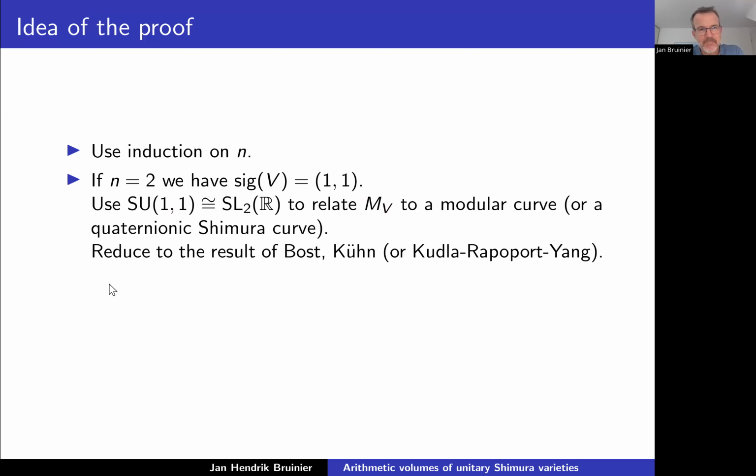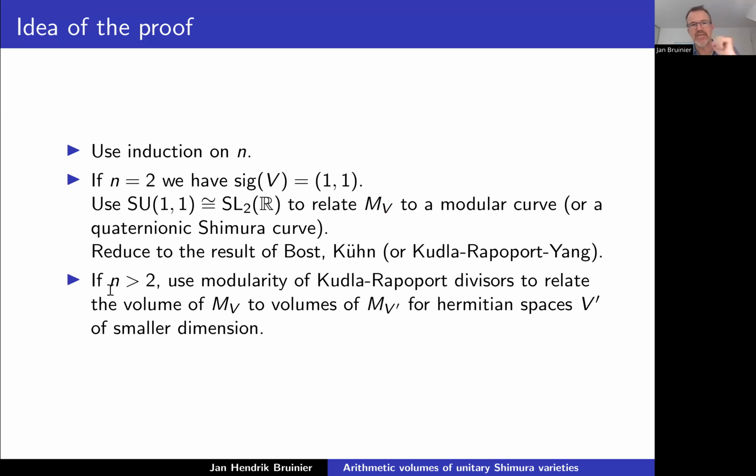And how do we do the induction? Well, there we use an arithmetic version of the Hirzebruch-Zagier theorem. The Hirzebruch-Zagier theorem says that if you look at a Hilbert modular surface and you look at the Hirzebruch-Zagier divisors on it, you can form a generating series, and it turns out that this is a modular form with values in cohomology.